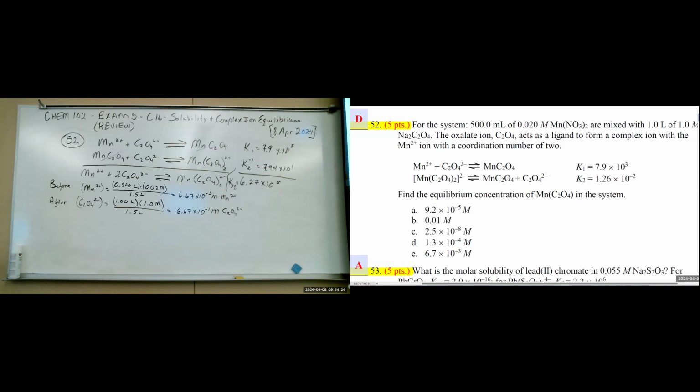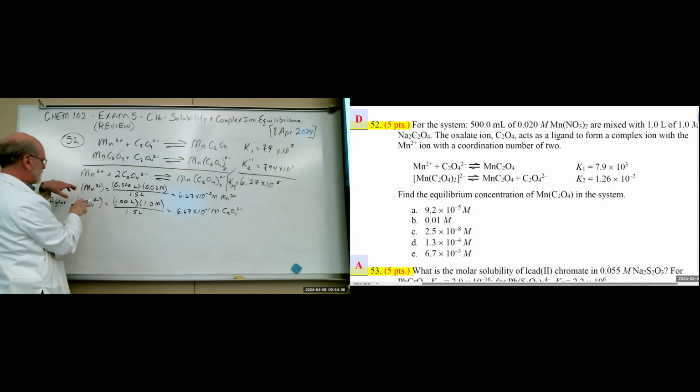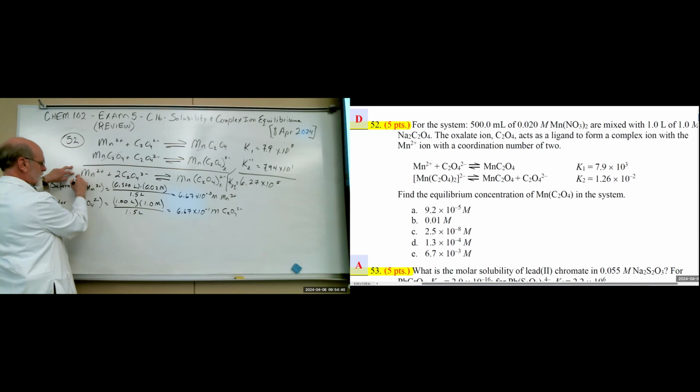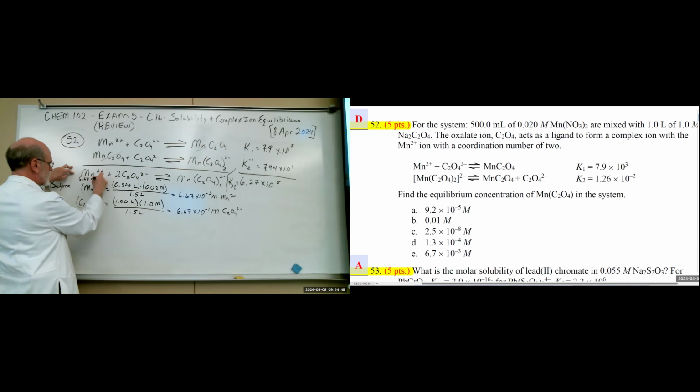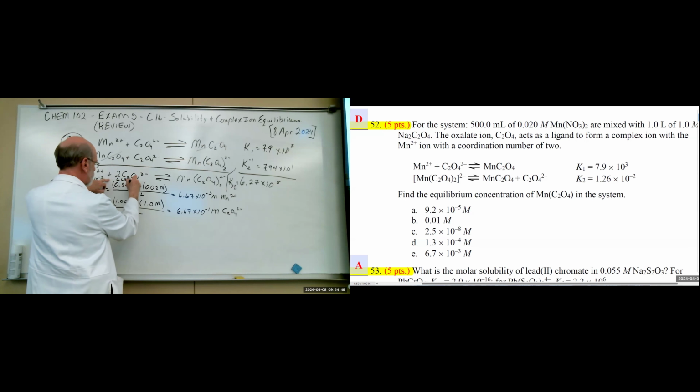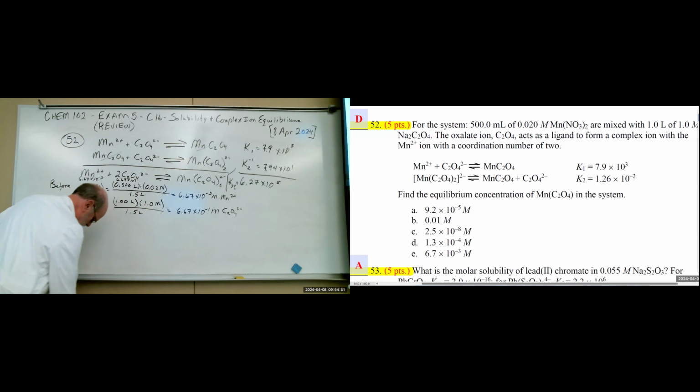So, has everybody got that one? I'm going to put that over here. Maybe I'll squeeze it in. So we got 6.67 times 10 to the minus 3, and for oxalate, we have 6.67 times 10 to the minus 1. I need some more room.